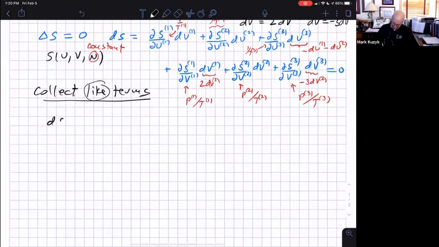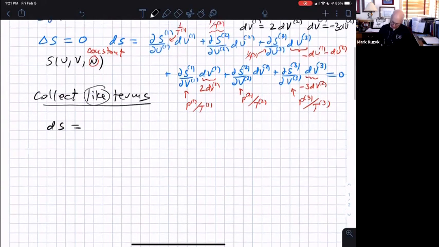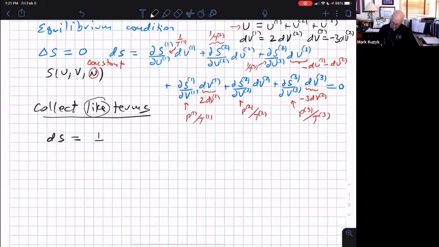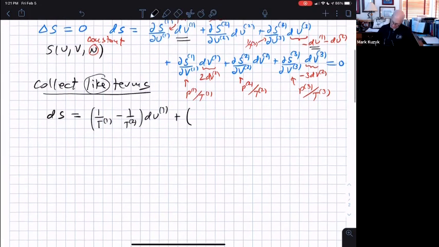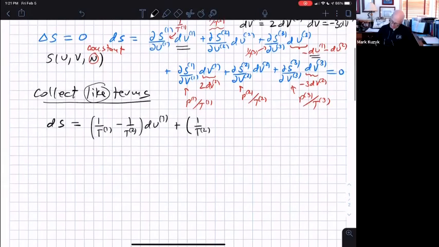Okay, so we're going to collect the like terms. And so we're going to get 1 over T1, and this term here and this term here are going to combine. We're going to get 1 over T2, dU1 plus, and then the middle thing here we have 1 over T2, and then we're going to get minus 1 over T3.